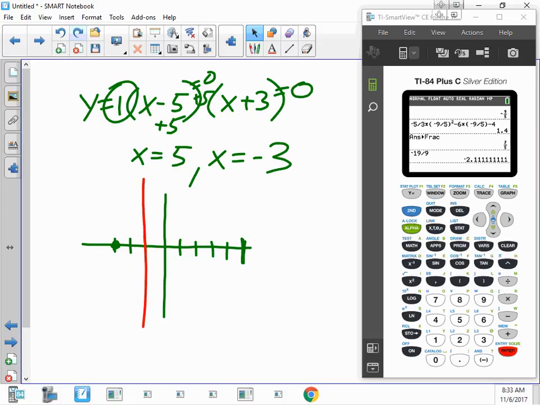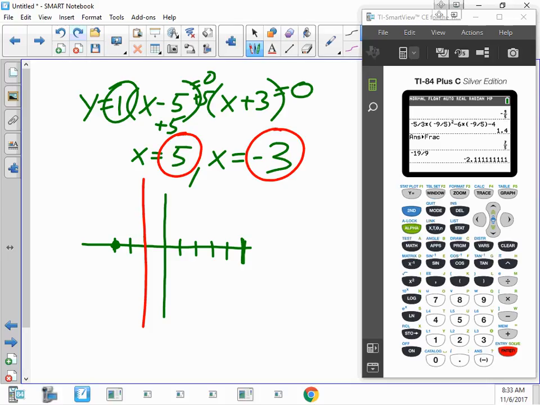And it's actually really simple. The axis of symmetry cuts the parabola into 2 identical pieces, so this line will always be right in the middle. It will be halfway between the 2 roots. All you need to do is take this number plus this number and divide it by 2.